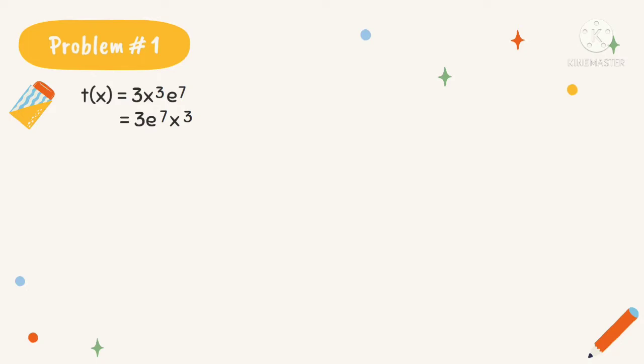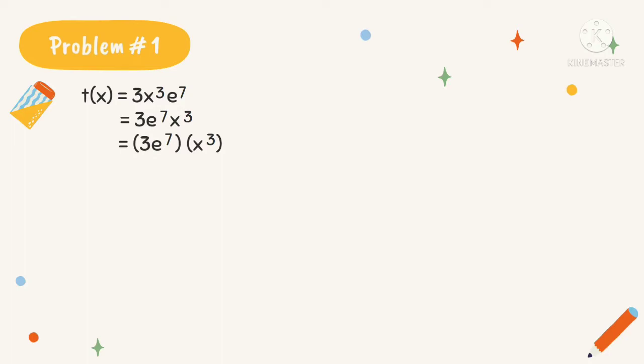Separate them with a parenthesis and think of the given like this. In this case, 3e raised to 7 will now serve as our coefficient, while x cubed will be our variable. Because of that, 3e raised to 7 will just be a constant at this point.